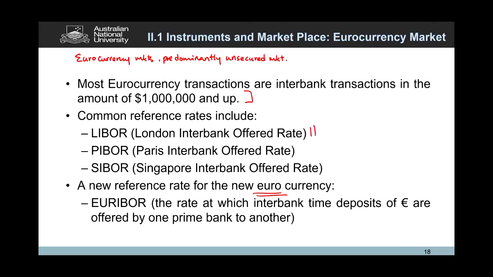In other words, these loans are not backed by collaterals or any kind of requirements that are typically required in a bank loan that's issued in a national market. So what kind of corporations do you think can go on to these kinds of markets?